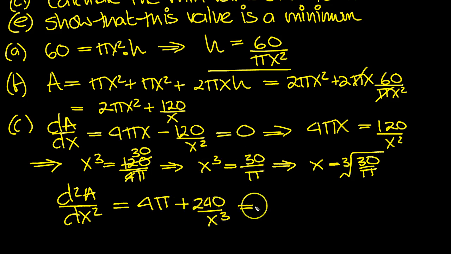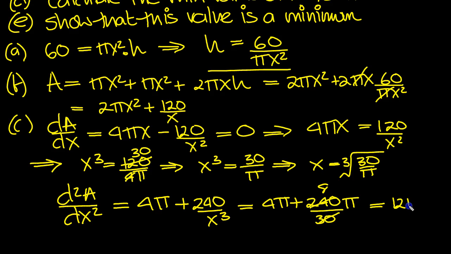when x cubed is 30 over pi, we get 4 pi plus 240 over x cubed, which is 30 over pi. So the 30 over pi, the pi can swing up to the top. 30 goes into 240 8 times, so 8 pi plus 4 pi is 12 pi, which is positive when x equals the cube root of 30 over pi.